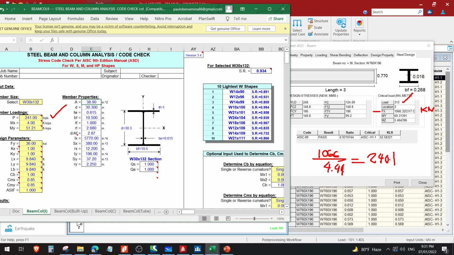Okay. Next is for the moment. Okay, let's so please listen here kasi so si STAAD may MYMC. So that's why this is the important yung inexplain ko kanina na bending, no? So, zeta, this is y sa local axis, no?